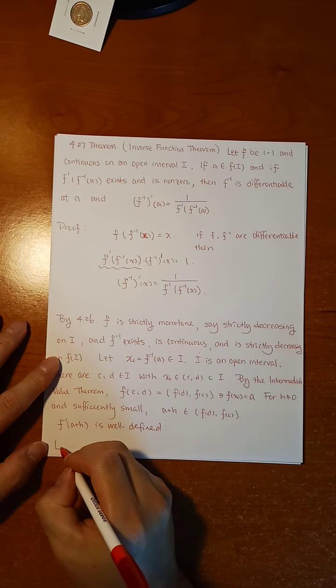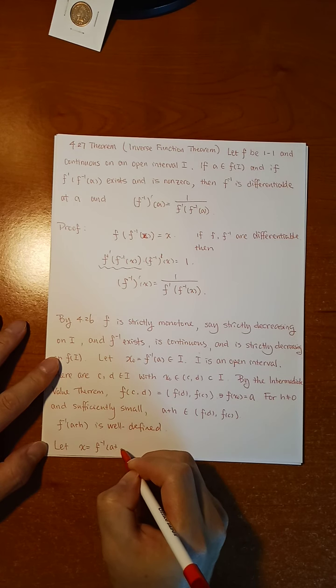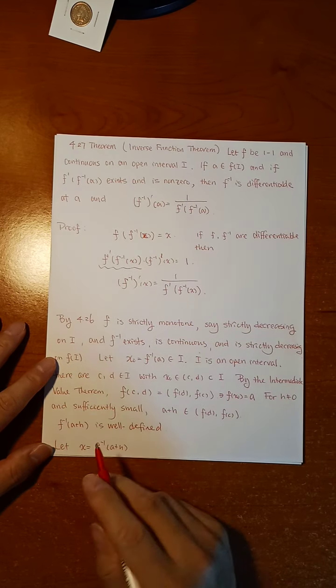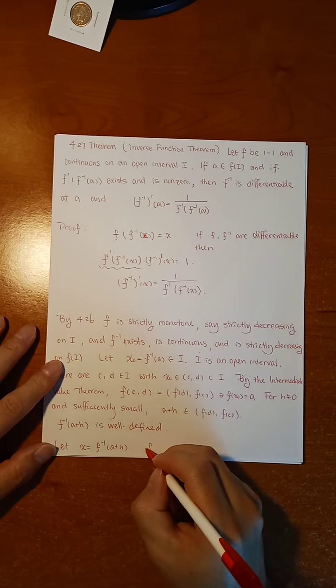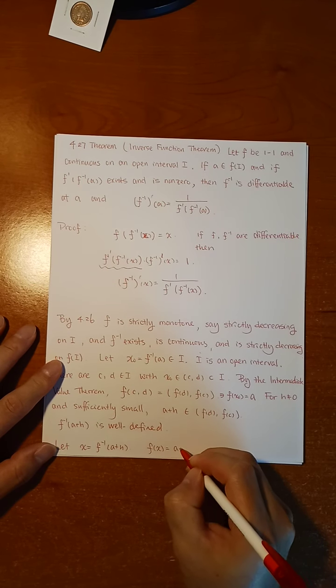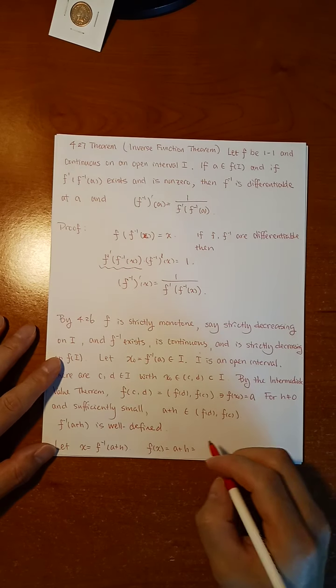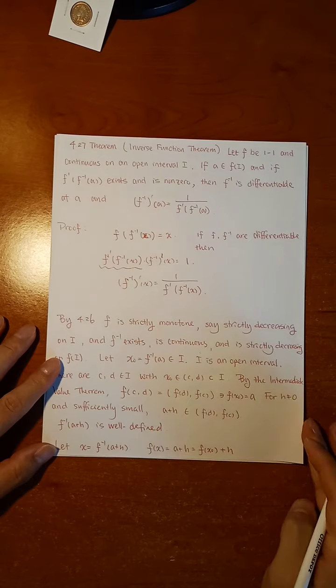Okay, now let x be f inverse of A plus h. It's a moving point with respect to h. Then f(x) is A plus h, where A is f(x0), plus h.